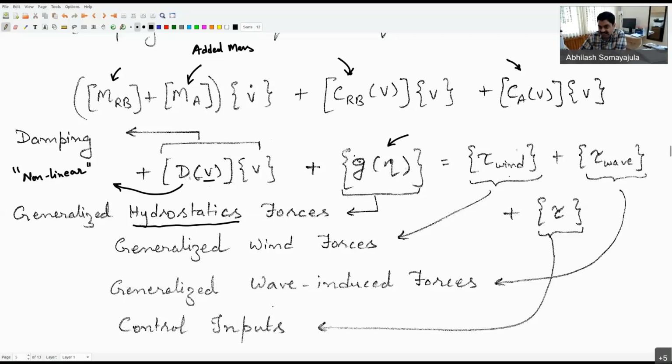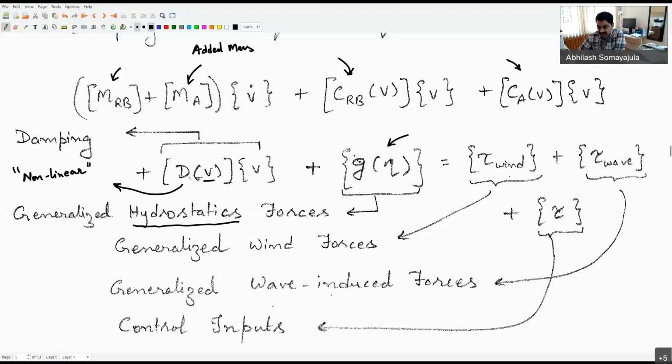Now, the right-hand side tau, which was there before, we have separated out into 3 different pieces. One piece is due to the wind, the external forcing on the vessel due to the wind. Then you have external forcing on the vessel due to the waves. And then this tau here represents the control input.